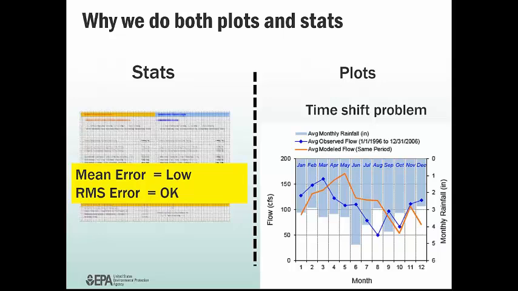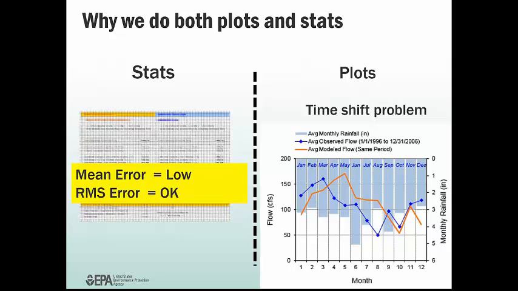If you look at the plot of the model output, you see, well, wait a minute, I see what looks to be a time shift in my modeled versus simulated quality. So that may be something that you can fix in the model and make it more representative of reality, which is always our goal, to match those measurements as best we can. So the eyeball test is very important and can identify problems that are missed in the error stats.